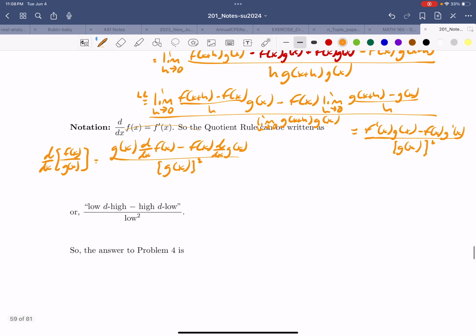I think this way of writing it's pretty clunky, but thinking of it this way and saying it that way is very, very handy. I've been doing calculus 20 years and I still say that.